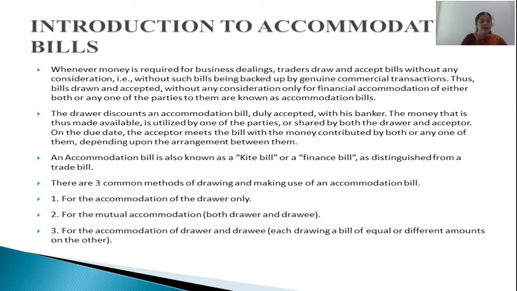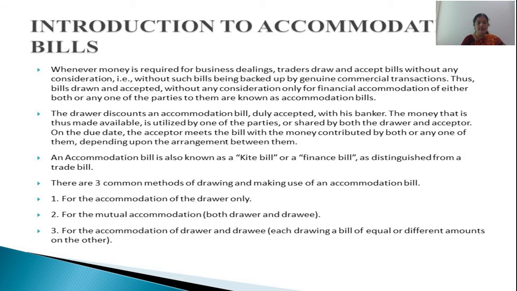Then, for the mutual accommodation of the drawer and the drawee, each draws a bill of equal or different amounts on the other. There are two businessmen, A and B. A draws a bill on B, B accepts it and gives it back to A. So A is a drawer and B is a drawee in this case.